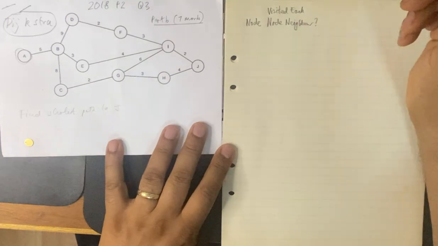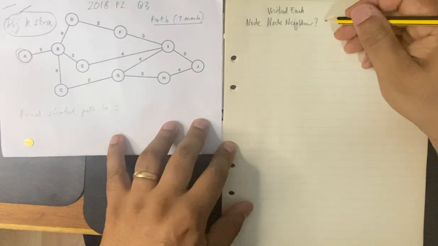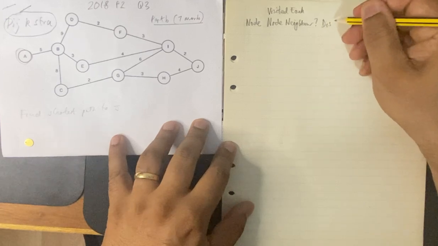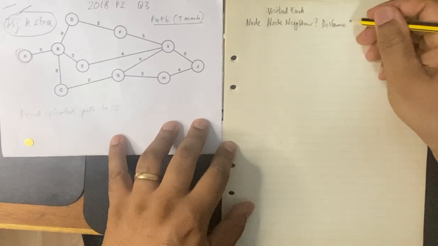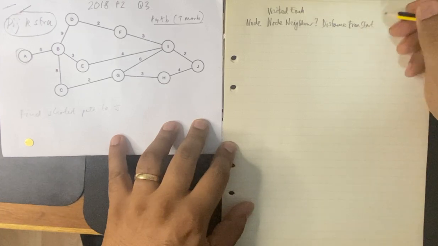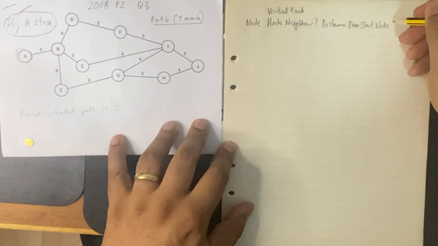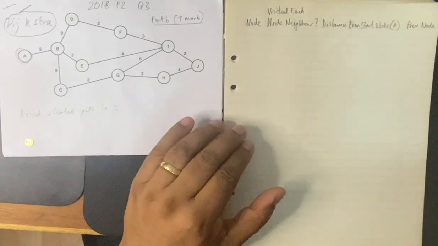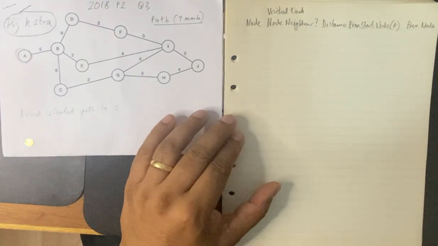And the next column will be the distance from the start node. In this case, it's going to be A. And our last column will be the previous node. Okay. So all will become clear as we go.